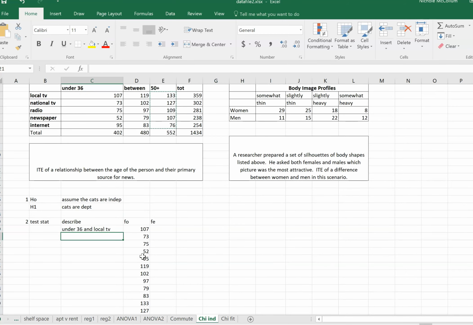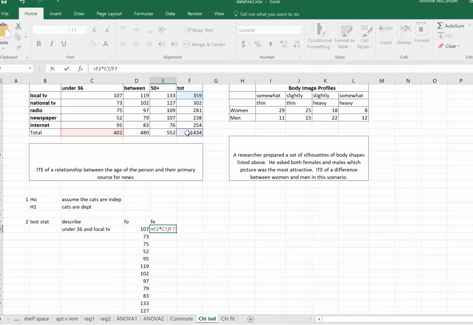Now, what would be expected? You have to understand a little bit about probability theory to understand expectation. Simply put, if people are picked randomly and independently, the expected frequency would be the number of people getting the news from local TV, times the total number of people under the age of 36, divided by the grand total.